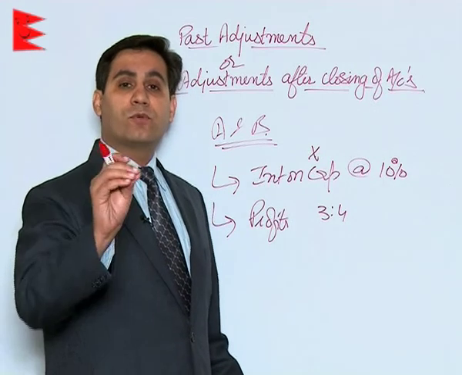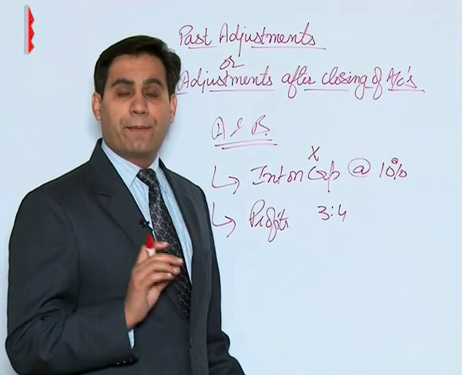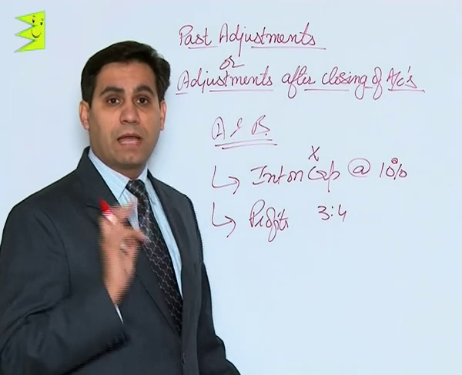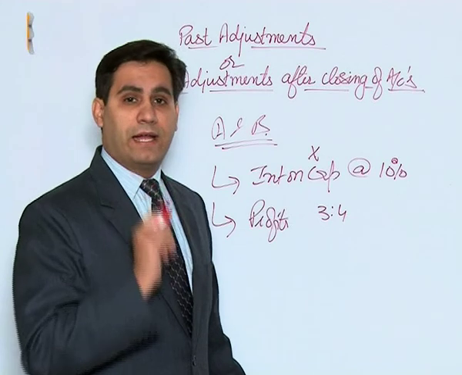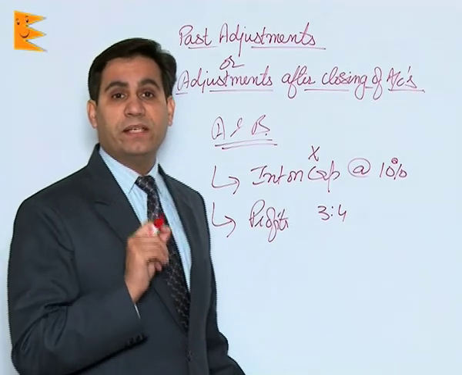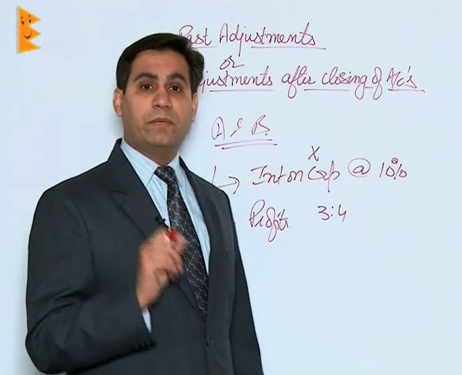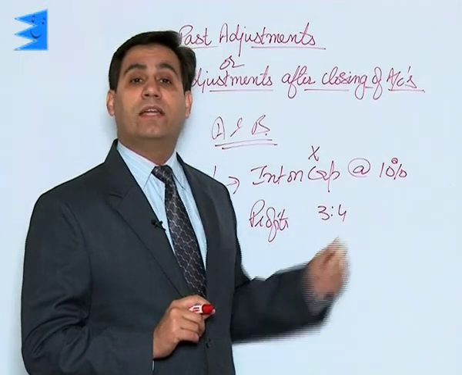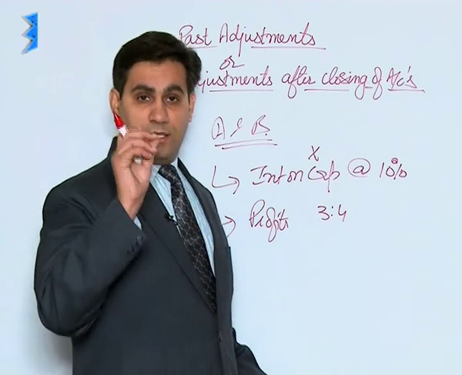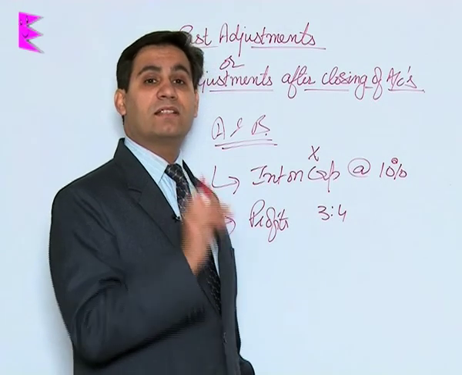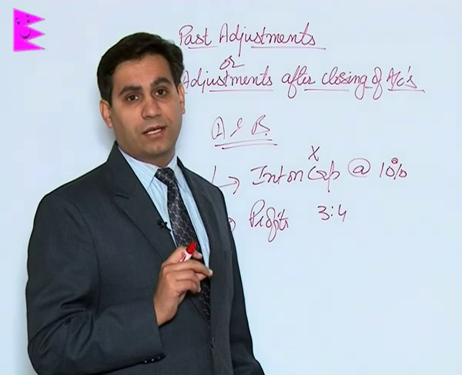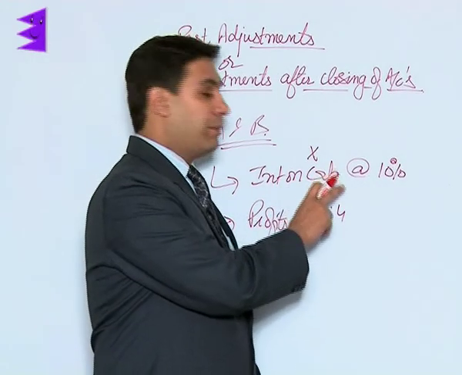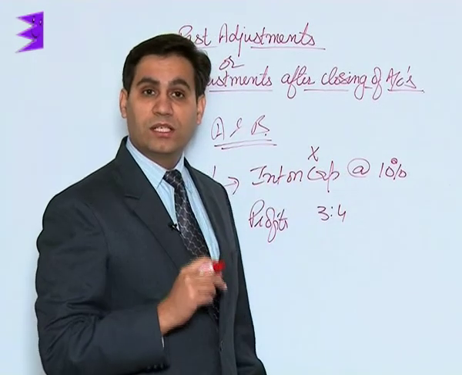That means interest was not provided. So what has happened? The partners have not received interest on capital. But on the other hand, since interest has not been deducted out of profits, your divisible profits must have increased by the amount of interest on capital.